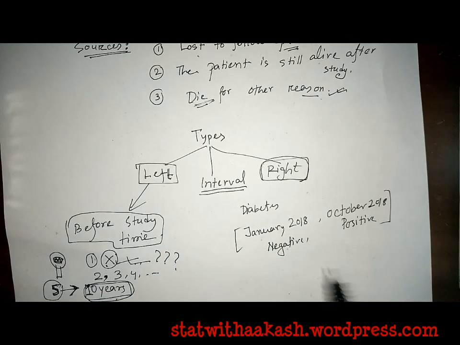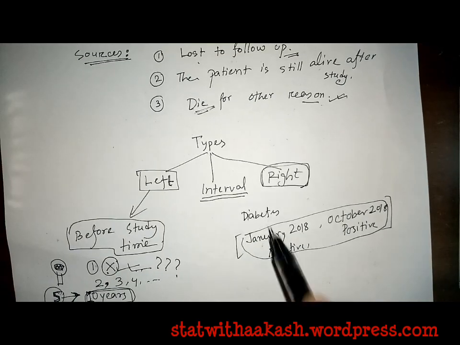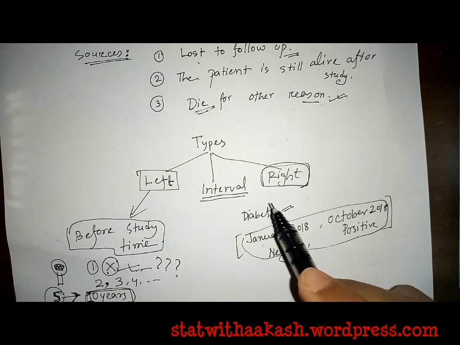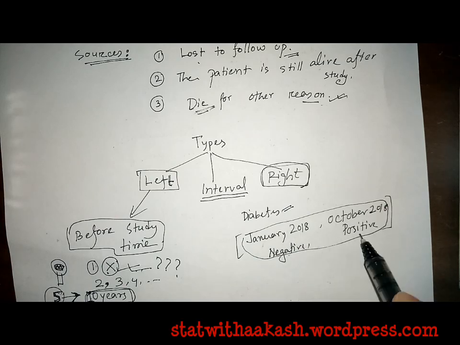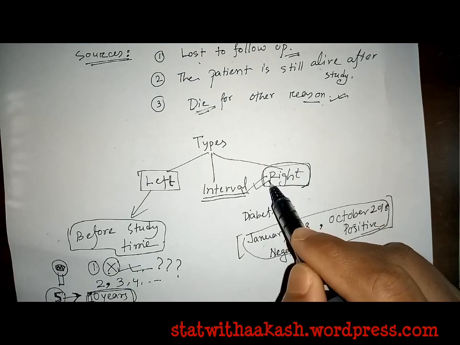So you know that within this interval, at some time you were affected by diabetes, but you don't know the exact moment. This type of censoring is called interval censoring.